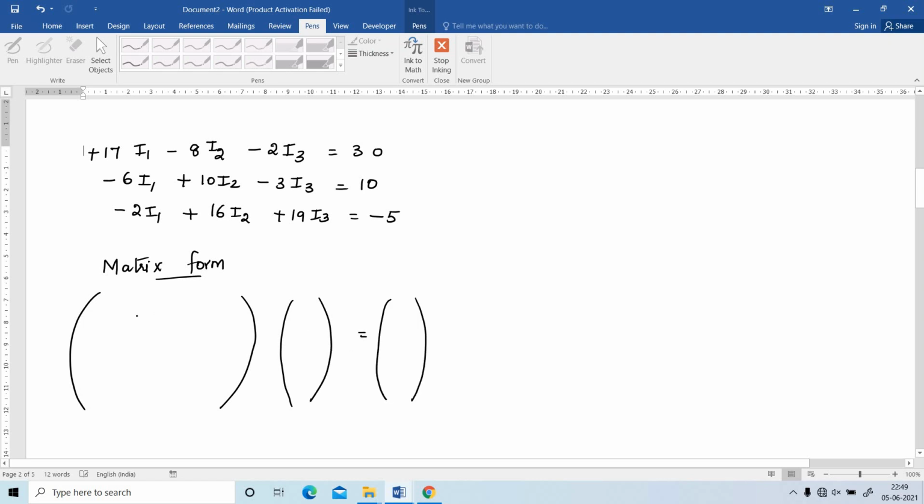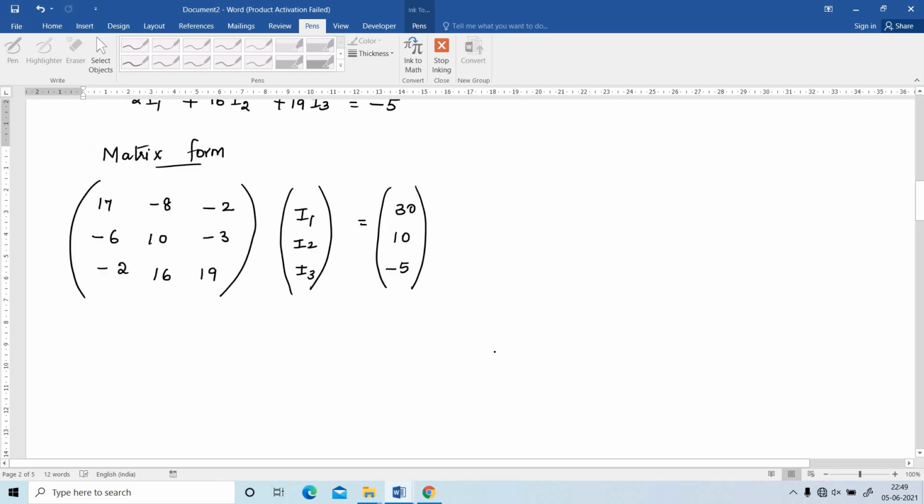This matrix consists of the values 17, minus 8, minus 2, then minus 6, 10, minus 3, minus 2, 16 and 19. Here I1, I2, I3, and here 30, 10, minus 5.